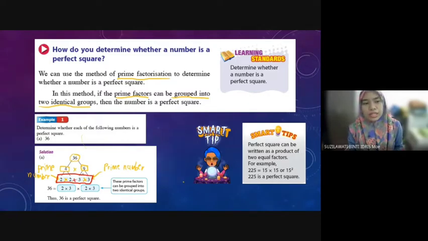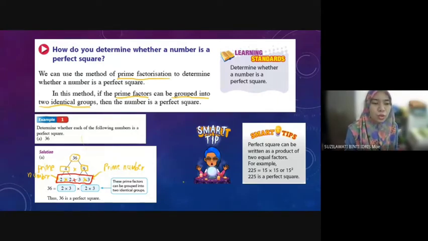This is the prime factorization that we get after this process. From these prime numbers, you can see the pattern. You can see that there are 2 twice and 3 also twice. Ada nombor 2 ada 2 kali dan nombor 3 pun ada 2 kali.